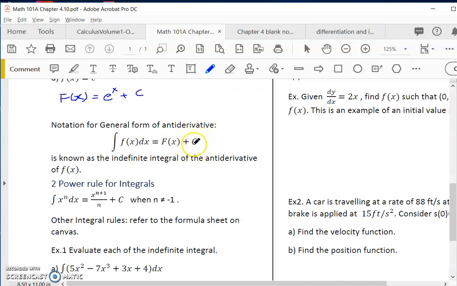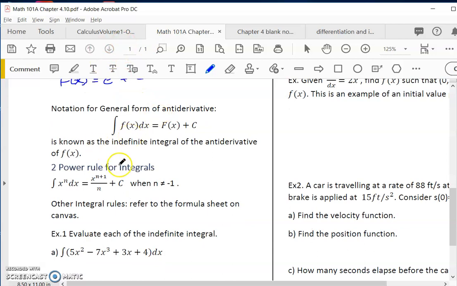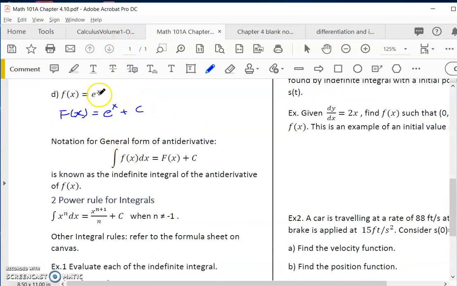A new notation for calling antiderivative. You see how clumsy it is when we are just talking about, can you give me the antiderivative of e of x? It would be nicer if we have an operator that can actually do the operation of an antiderivative, which is the opposite of d dx. So you can think of d dx as an operation that operates on big F of x, right?